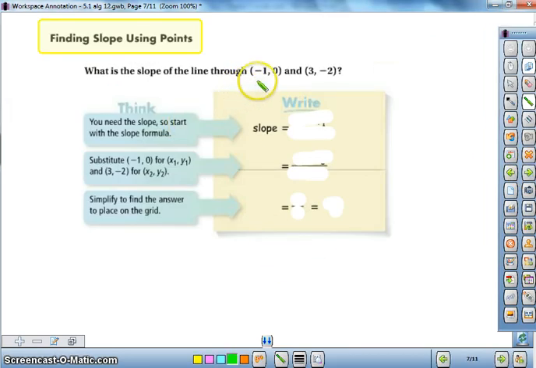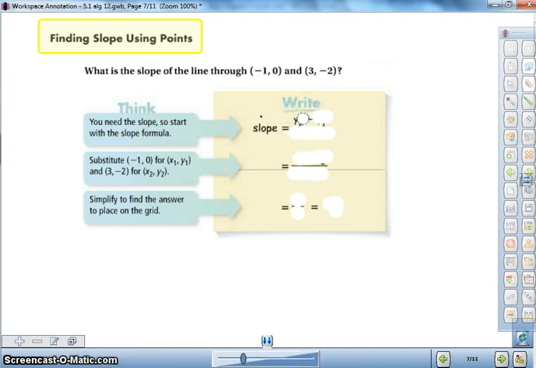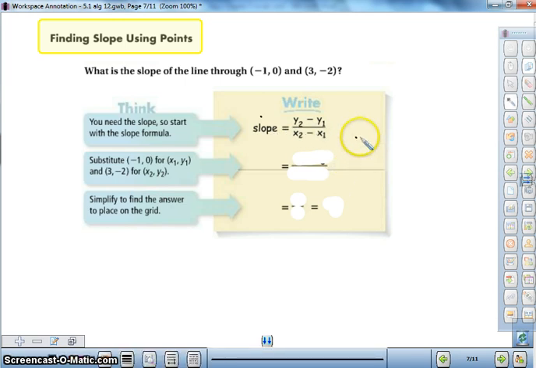So let's think of finding the slope as we are looking at the points (-1, 0) and (3, -2). First thing I'm going to have you do is start by writing down the slope formula. So slope is equal to, again, you're going to be filling this in your notes as you're writing this down, y2 minus y1 over x2 minus x1. And again, if you just want to put y minus y over x minus x, that's fine. As we substitute in, they're telling us this is our x1, y1, and our x2, y2.